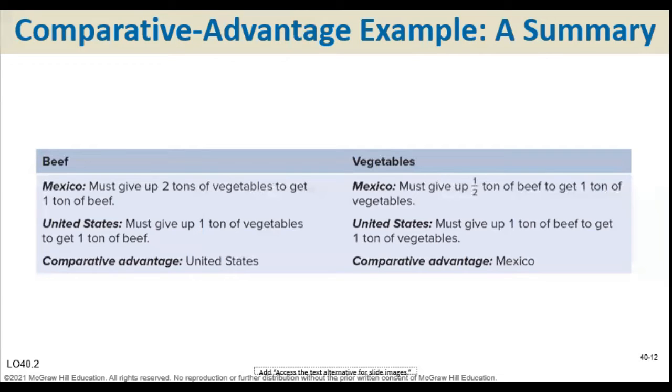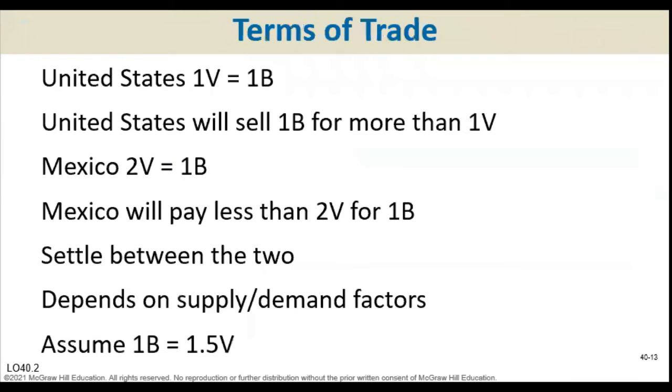On the other hand, Mexico has that comparative advantage with vegetable, as the opportunity cost to produce vegetable in Mexico is less. So it makes more sense that Mexico specializes in the production of vegetable and exports the excess to the United States or trades it with the United States.